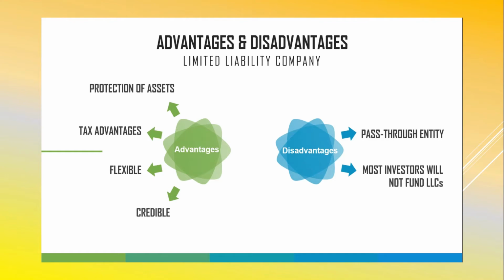There is also flexibility in an LLC, since it can be a single-member LLC, which means it is owned by only one person, or a multi-member LLC, which means it is owned by a number of people. Lastly, the credibility of LLCs increases since it is a business structure that is known to be far more formal compared with partnerships and sole proprietorships.